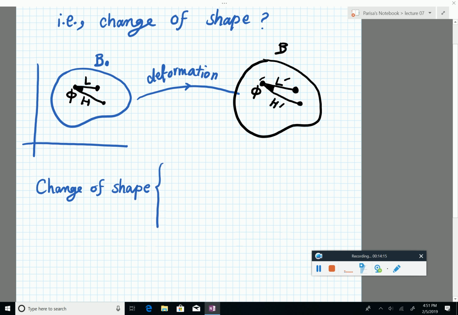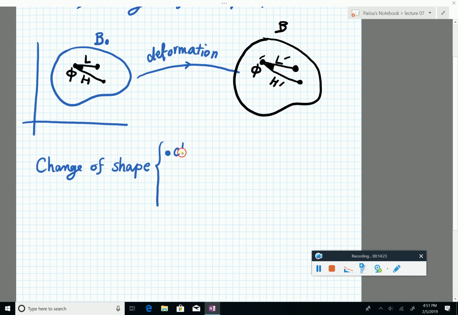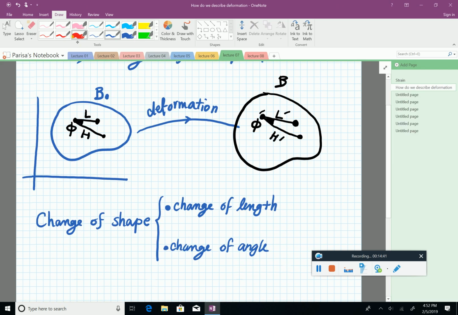So the change of shape, let's just decide. We have change of length or angle. And the first one we call extension, and this doesn't mean that it has to necessarily extend.